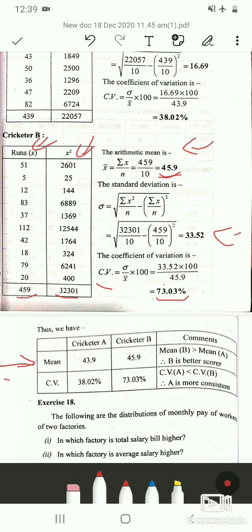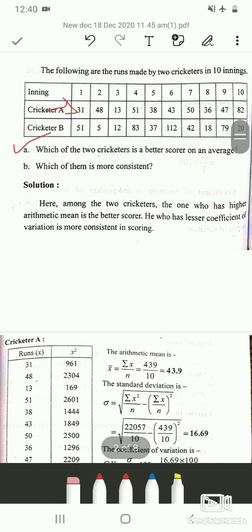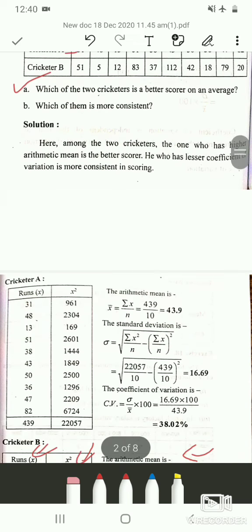And we have calculated coefficient of variation for both the cases. For cricketer A, it is 38.02%, and for cricketer B, it is 73.03.